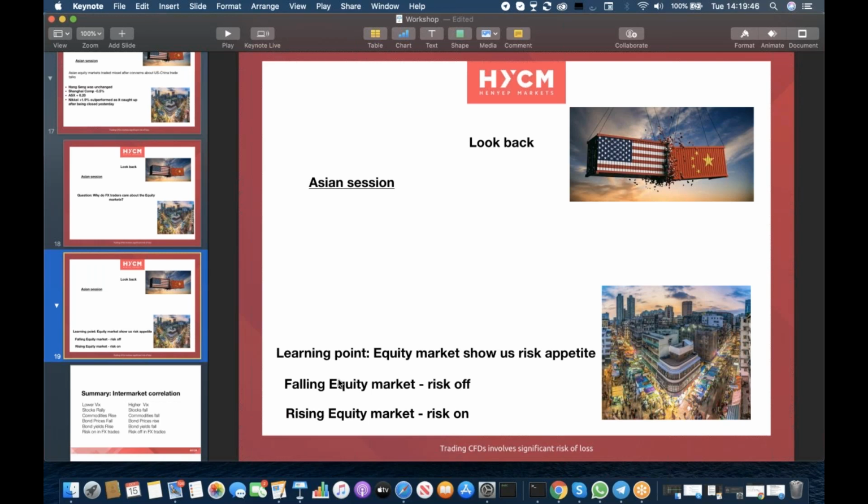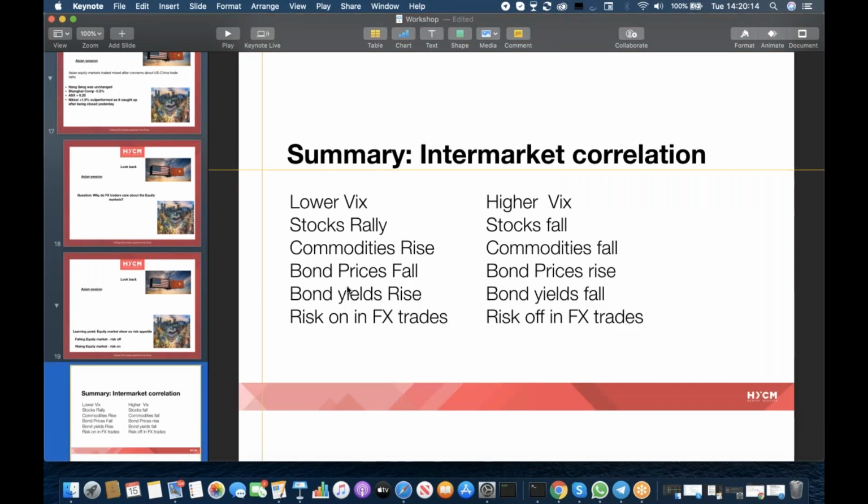Instead, I could put a big chunk of my investment into a high-grade bond, something like a US Treasury or a UK gilt, and I would have a fixed return of interest and get my capital back as well. So I know I'm going to be making 1, 2, 3% on my capital investment. That's why equity markets show us risk appetite. They show us that movement from equities into bonds, which is why you see this correlation.